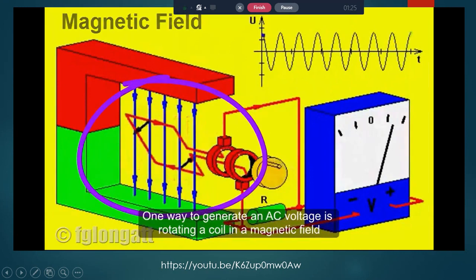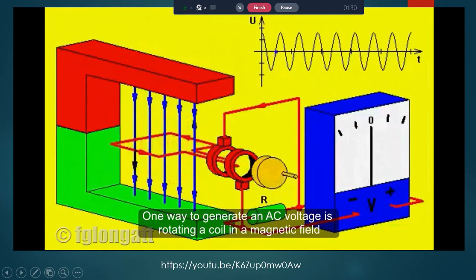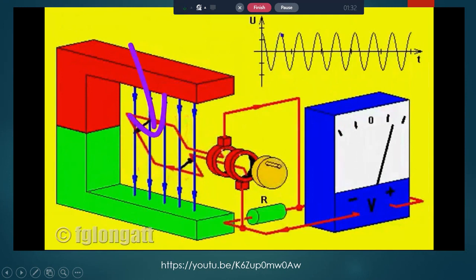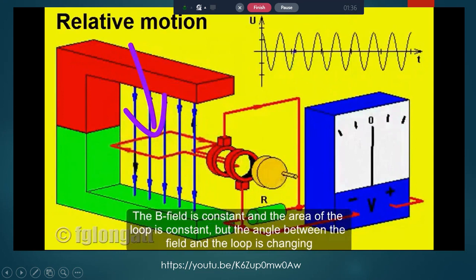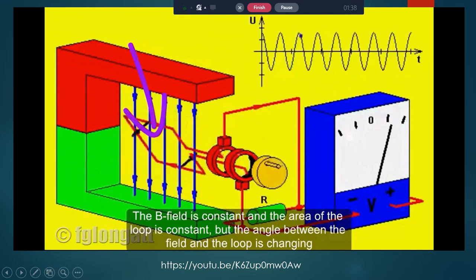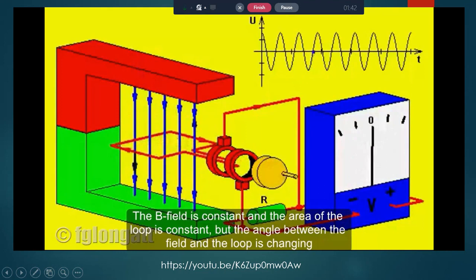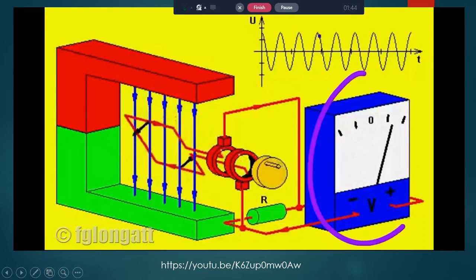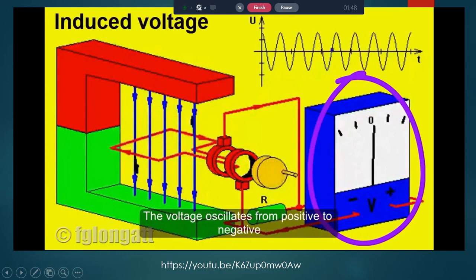Here, one way to generate an AC voltage is rotating a coil in a magnetic field. Here, the B field is constant and the area of the loop is constant, but the angle between the field and the loop is changing. The voltage oscillates from positive to negative.